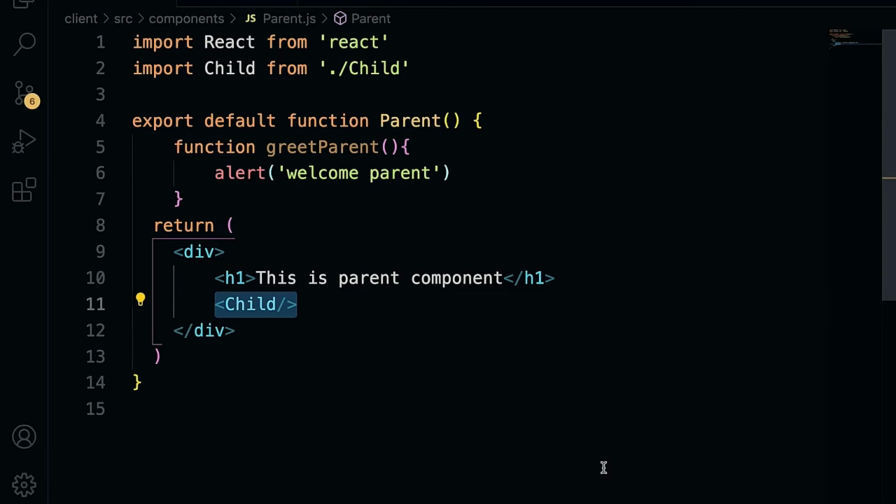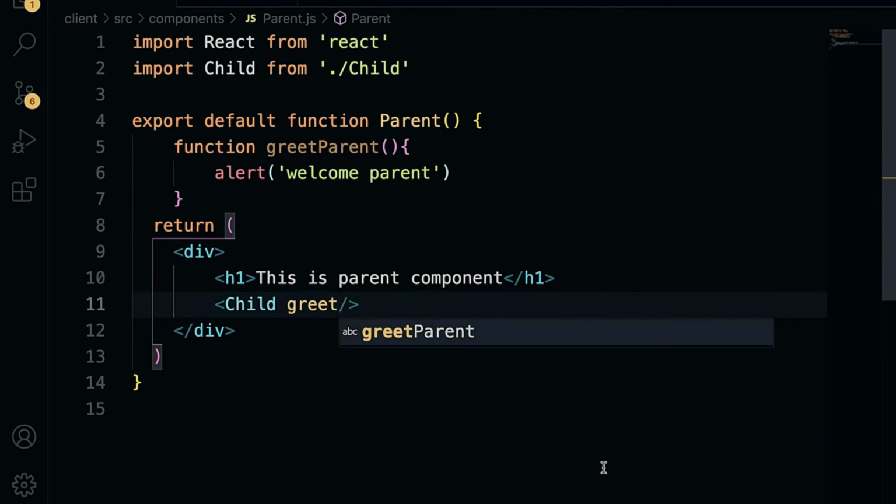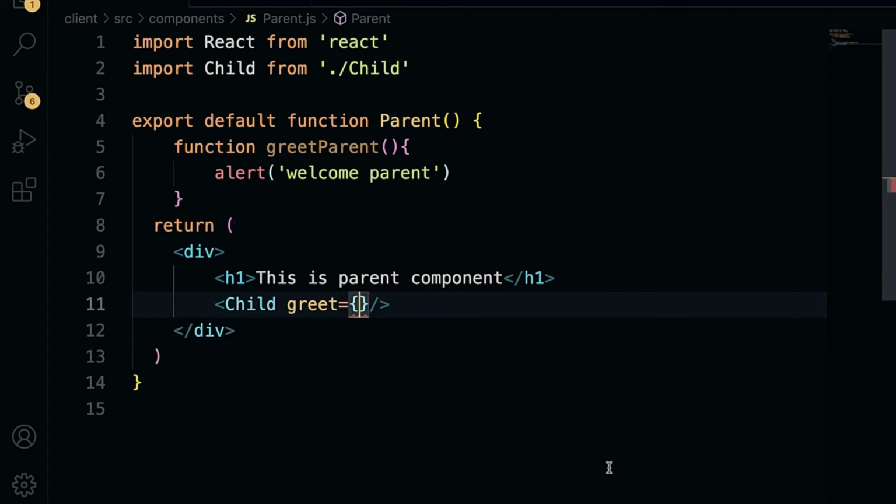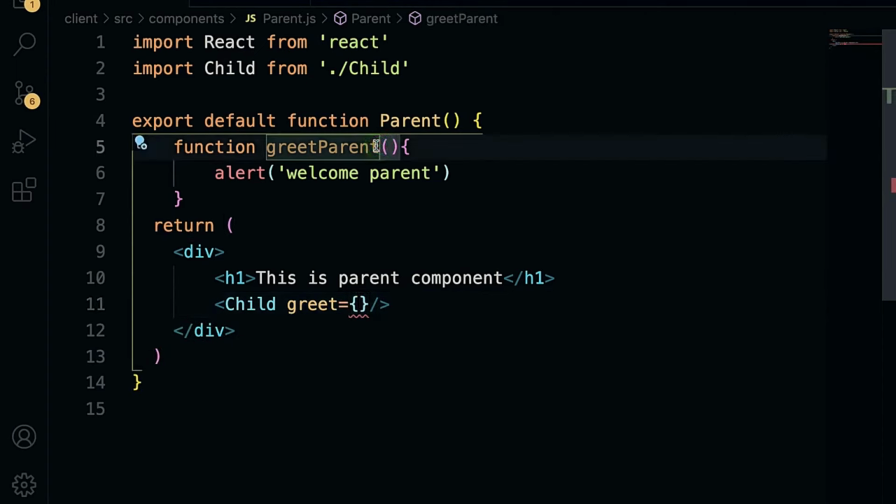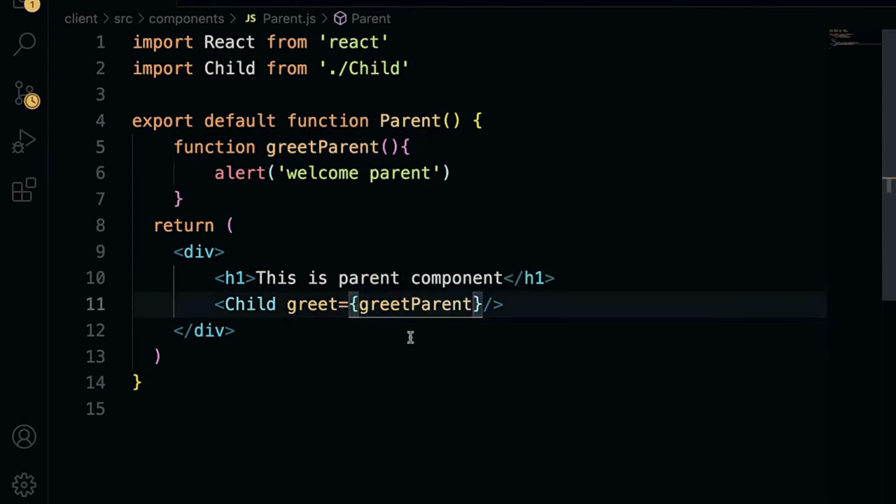Beautiful. Having done this, we can now proceed to pass the function as props down into the child component. To do that, we have to specify the attribute and then assign it to a value. But this time, the value is going to be this function. Highlight and then copy. Come here, paste.